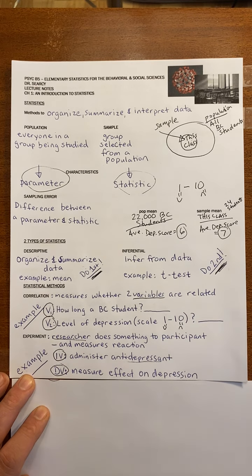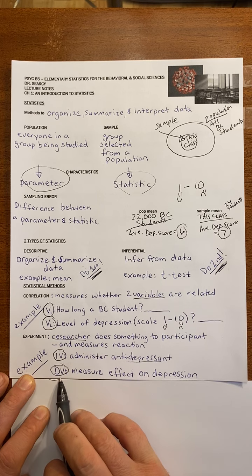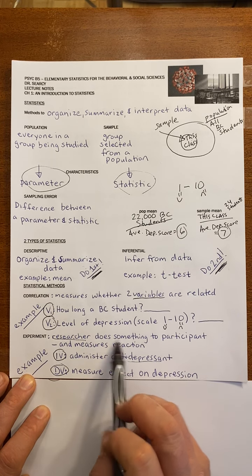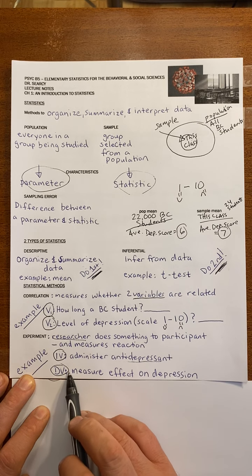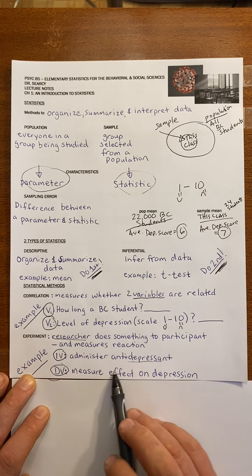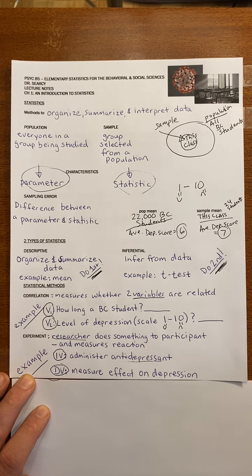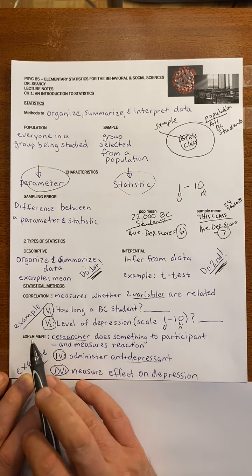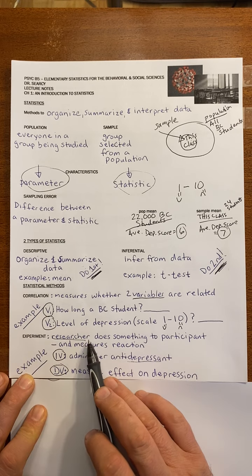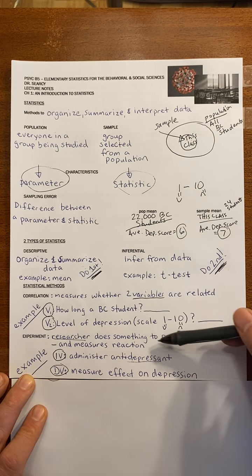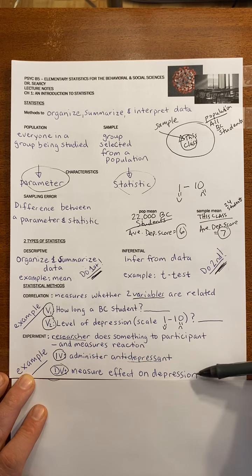So they give it out to this group of participants, and then the dependent variable is where they're doing this part, they're measuring the participant's reaction. The way that they're measuring the reaction here is they're measuring the effect of the antidepressant on the depression. So crucial to understanding what an experiment is, it's where a researcher does something to a participant, that's the thing that's being done here, and then the researcher measures the reaction, that's this part here.